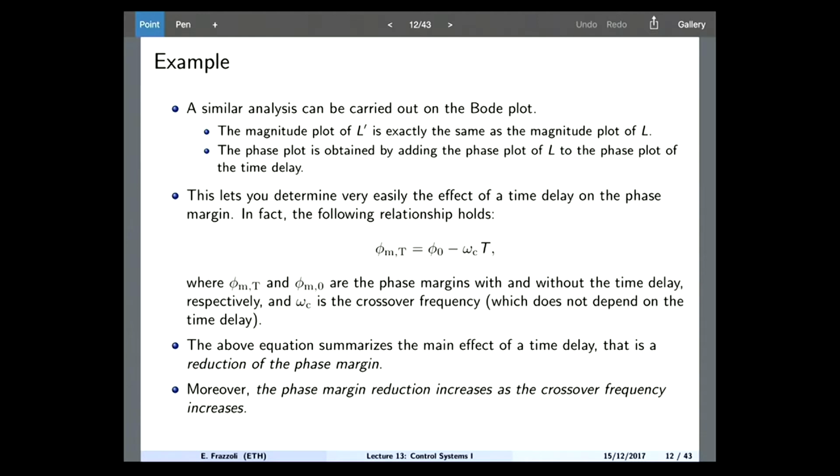The phase margin, including the effect of the time delay, is the ideal phase margin with no time delay minus the phase delay: you multiply your time delay T by the frequency at which you are computing the phase margin, which is the crossover frequency.